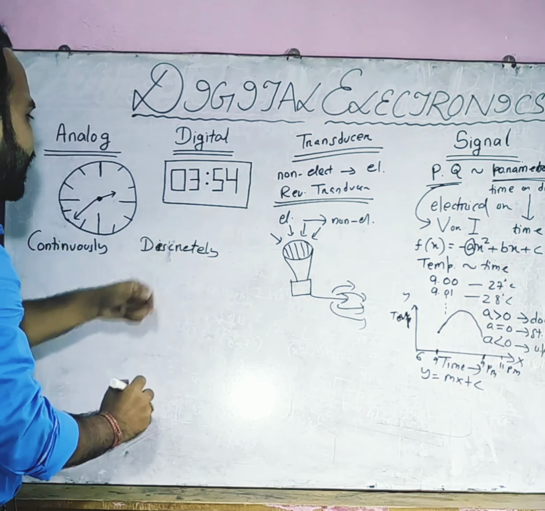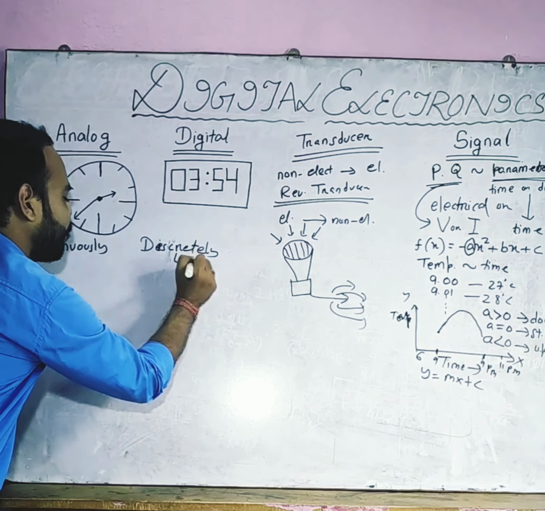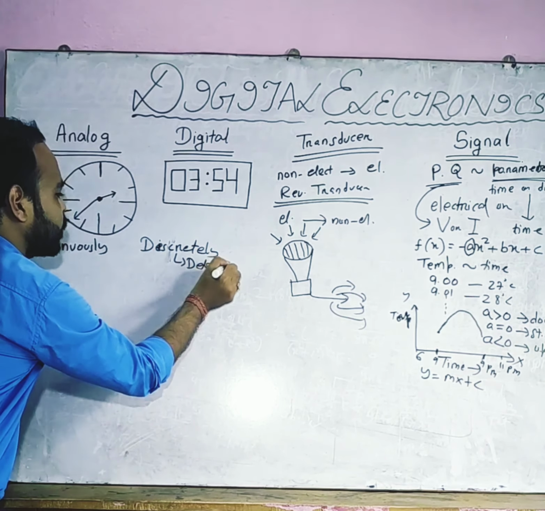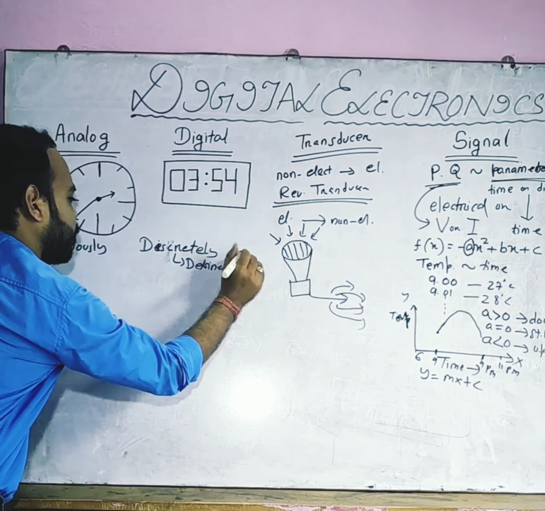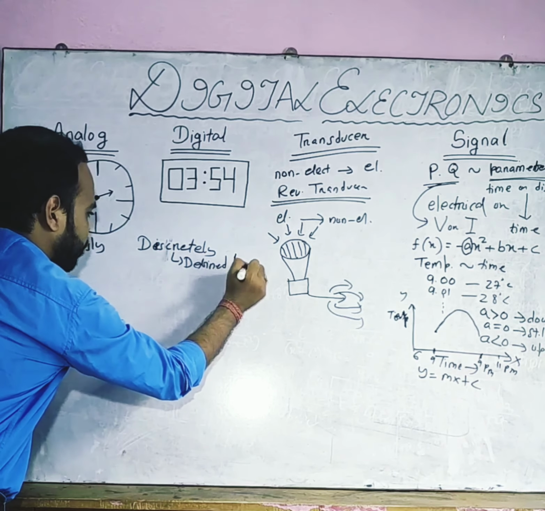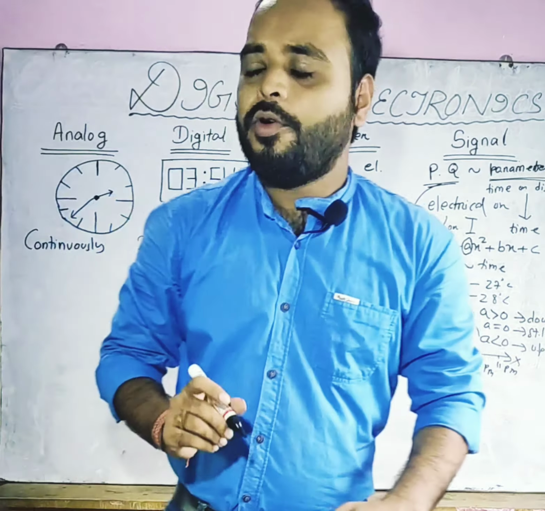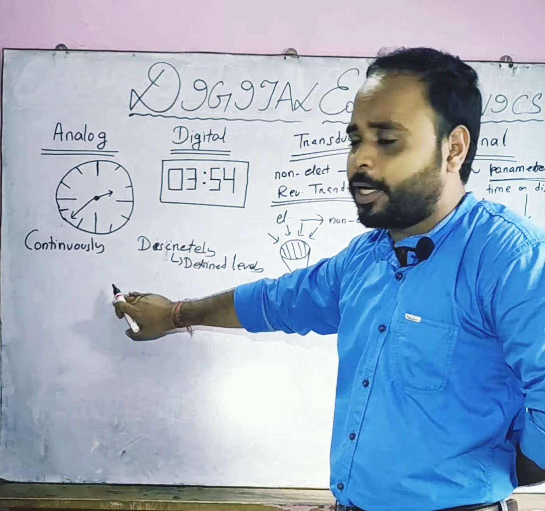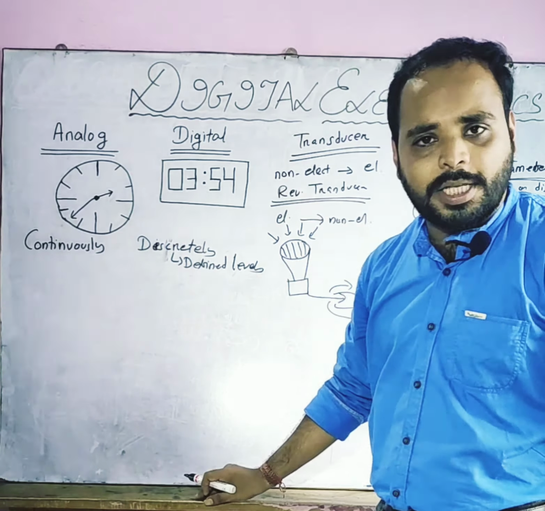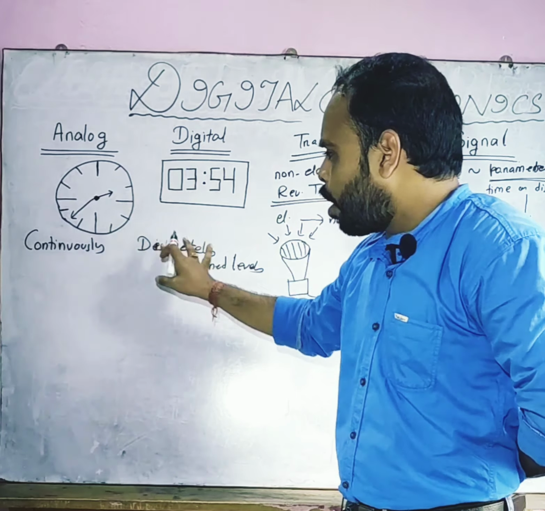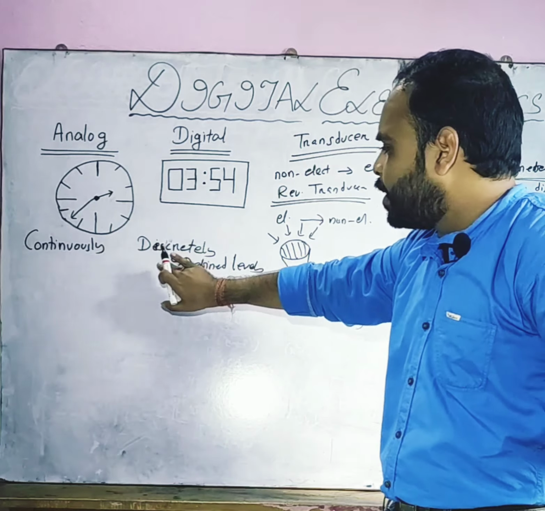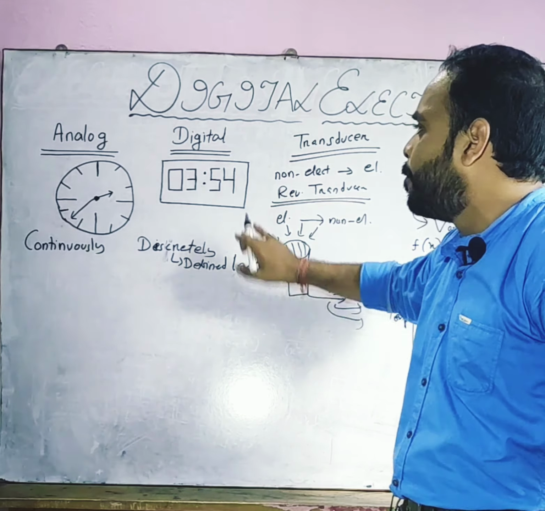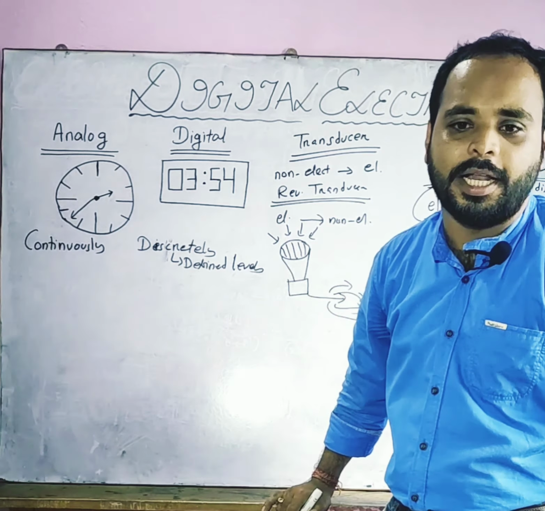And the digital signal has defined particular levels. So the signal which continuously varies with respect to time is called an analog signal, and the signal which does not vary continuously, or which varies discretely with defined levels, is called a digital signal.